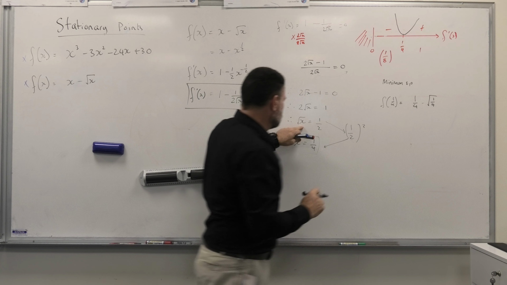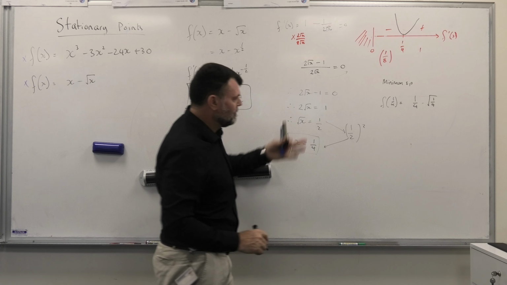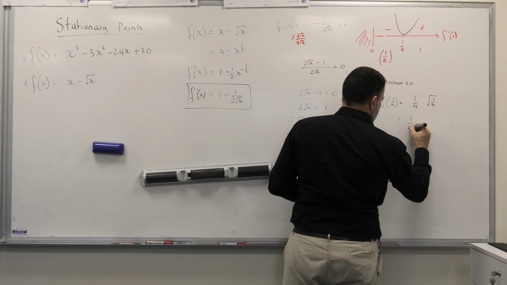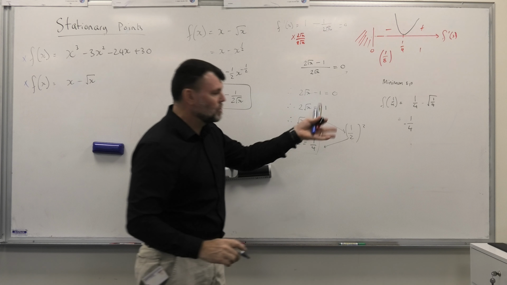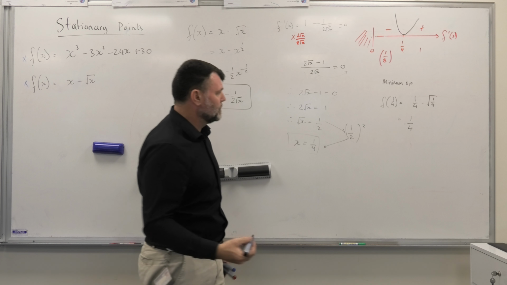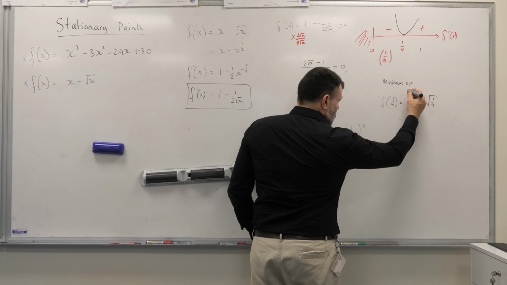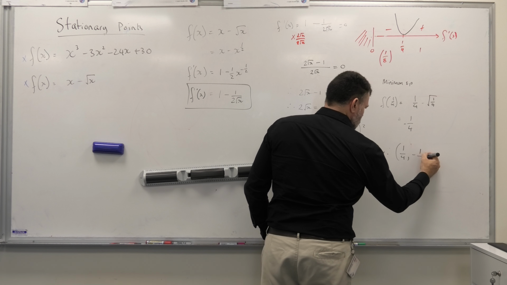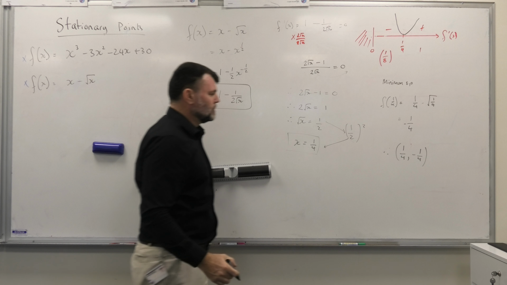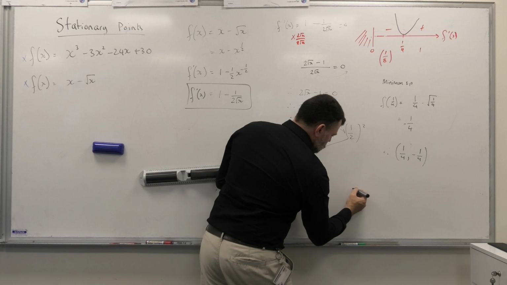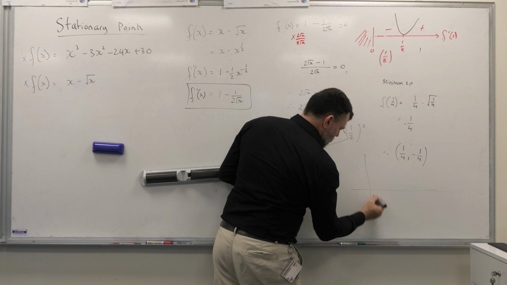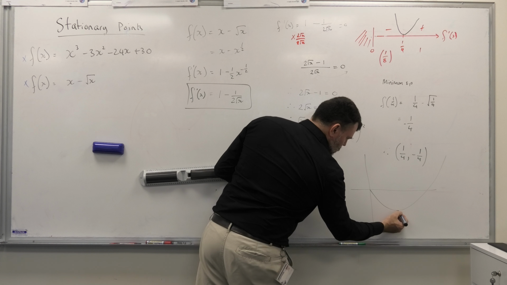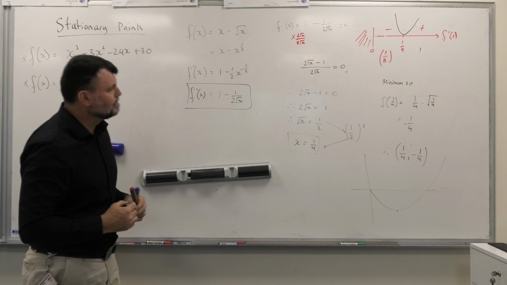We know that here the square root of x is equal to half, so therefore I'm going to get negative 1/4, because 1/4 take away a half gives me negative 1/4. So therefore, the minimum stationary point has coordinates of 1/4 and negative 1/4. So if I was going to sketch this graph, I could say that I've got a graph that kind of looks like this, where my stationary point sits here.